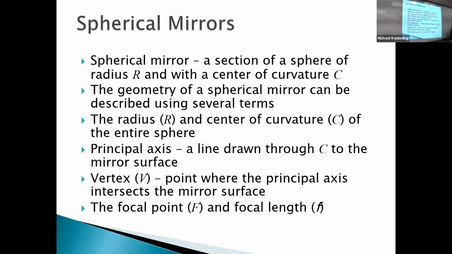When you're looking at a spherical mirror, you're looking along what's known as the principal axis, which is a line drawn through the center of curvature to the surface. And where the principal axis intersects the mirror's surface is known as the vertex. And the focal point is along the principal axis, one focal length away from the vertex.